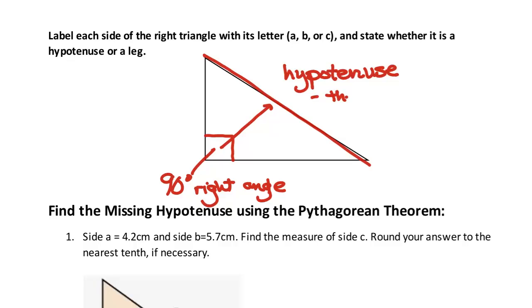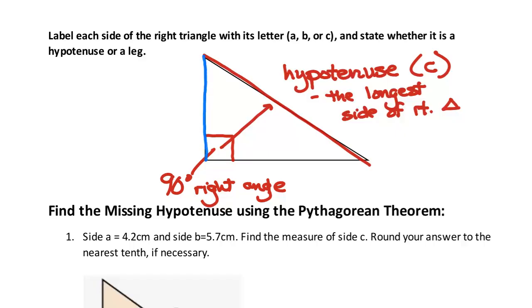That is the longest side of your right triangle. And usually we label that side as C. Hypotenuse is C. Okay?